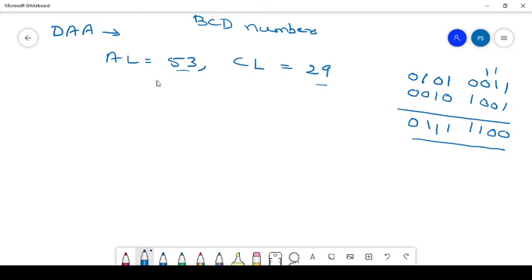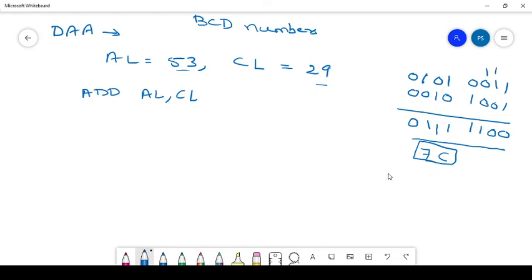If you have the instruction ADD AL comma CL, remember these are BCD numbers, but our microprocessor simply adds the content of CL with the content of AL. That means we get some result. What is the result? 7C: 8 plus 4, 12, that is 7C. That answer will be 7C.